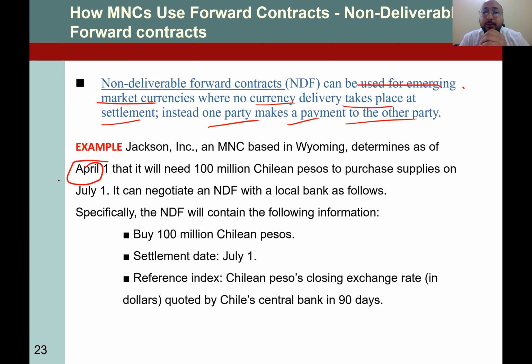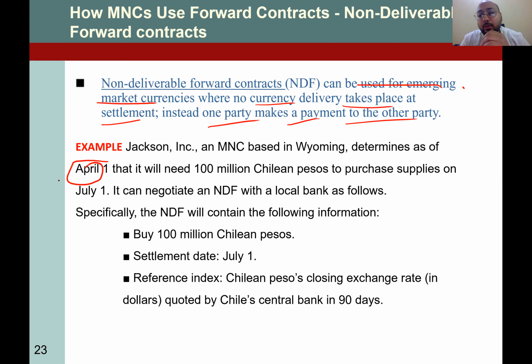On July 1st, it means they would be paying Chilean pesos. So it can negotiate an NDF, a non-deliverable contract. And which kind of contract? Forward contract, because no future is going to be available here because these are emerging market currencies.